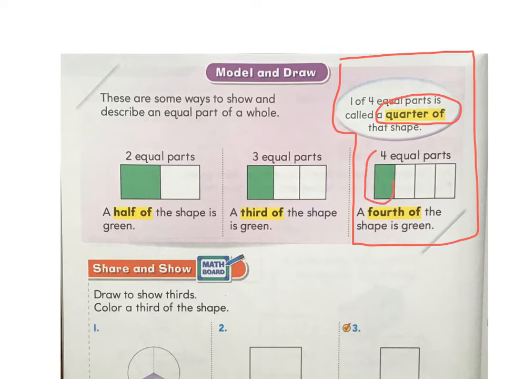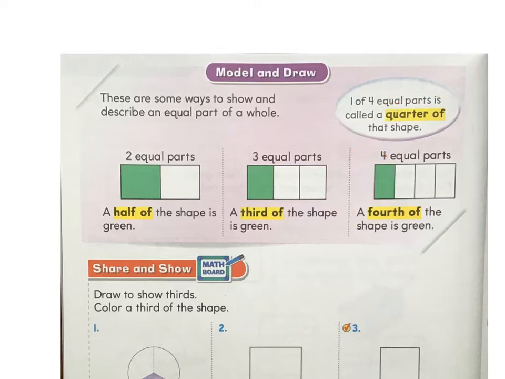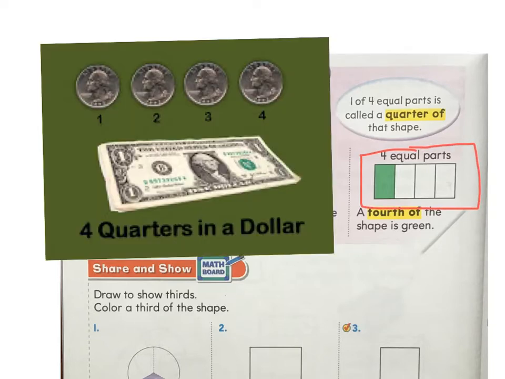Here, 1/4 of this rectangle has been colored in. So you could either say 1/4 has been colored in or a quarter has been colored in. So for this rectangle, it takes 4/4 to make a whole. Just like it takes 4/4 to make a whole dollar.